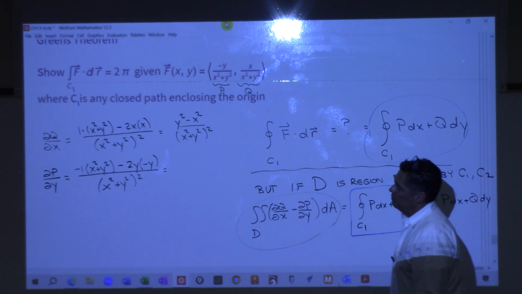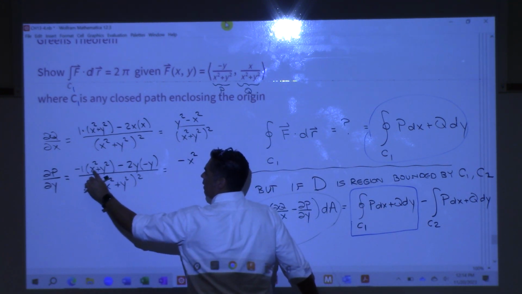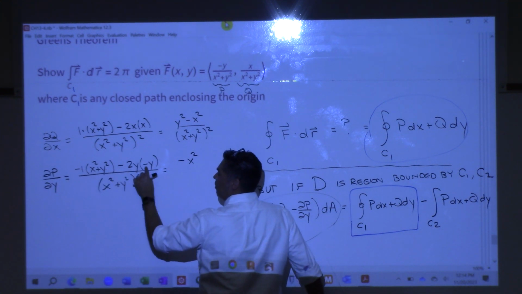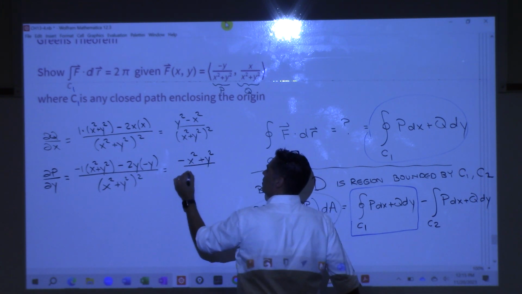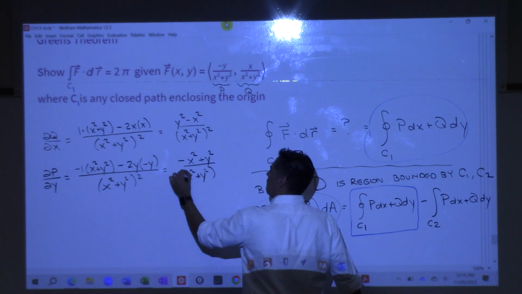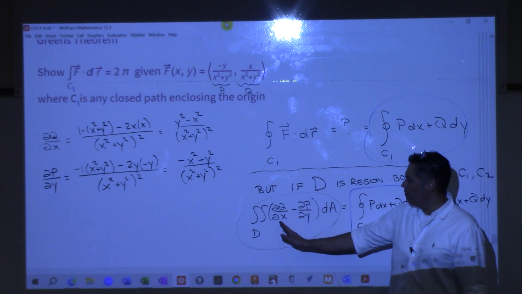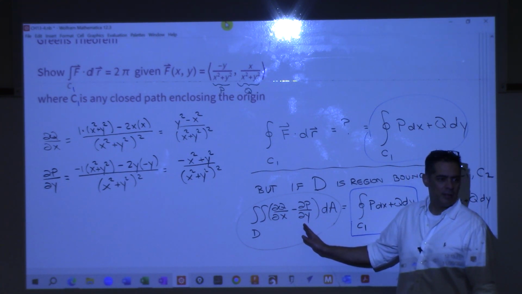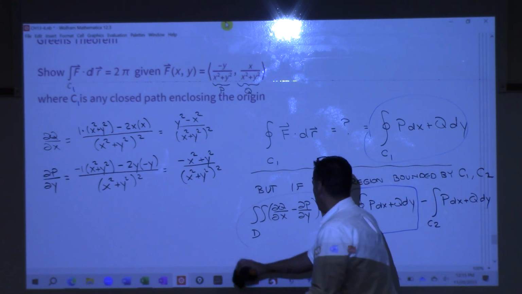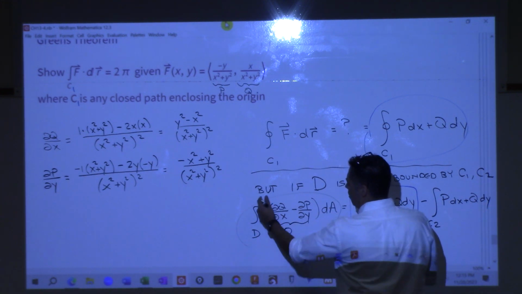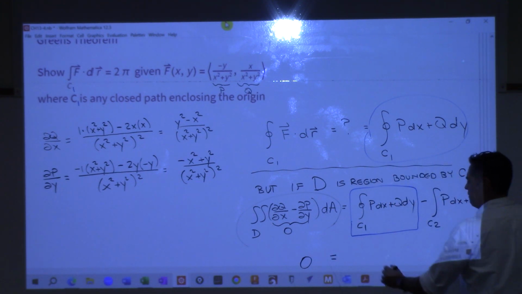Negative x squared minus y squared plus 2y squared, so plus y squared over bottom squared. And they're the exact same thing. So what's partial q with respect to x minus partial p with respect to y? It's 0, right? Follow? So this is 0. And the double integral of 0 is just 0. So we just get 0 here. Equals this, right?